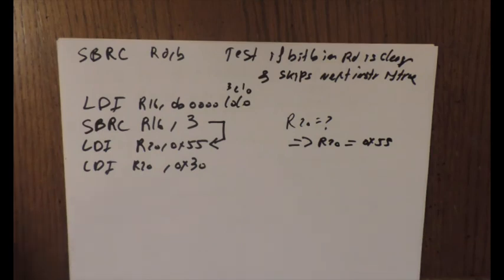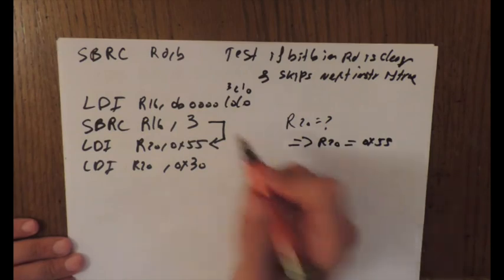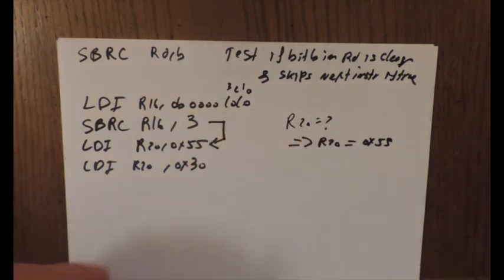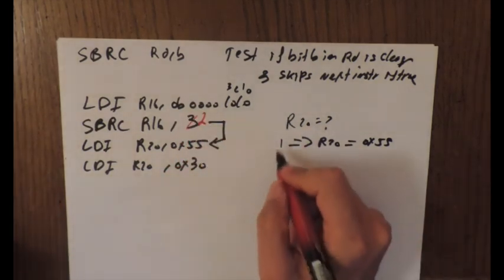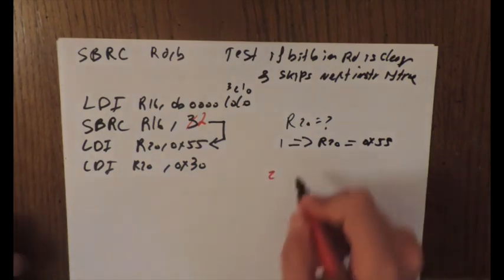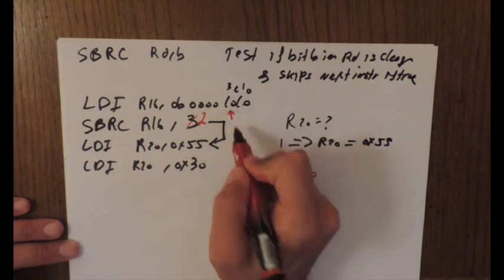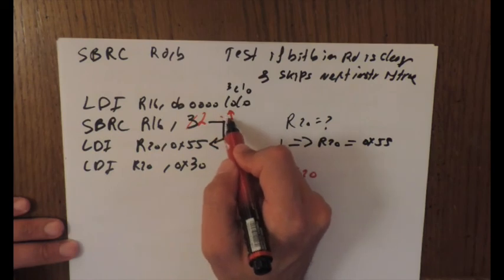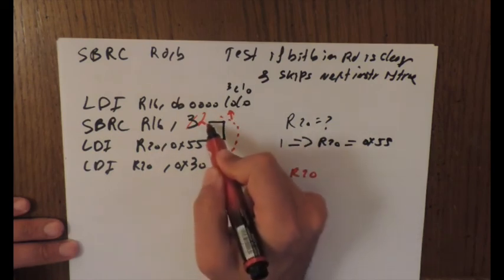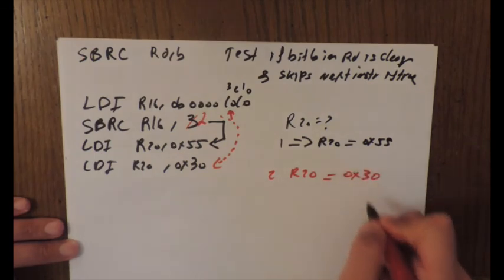However, if we change the problem a little bit and, instead of placing 3, I place 2, this is the second case. So what's in R20? If 2, I look at 0, 1, 2, this bit, then it is clear, and in this case, after changing the program to 2, R20 will be 0x30.